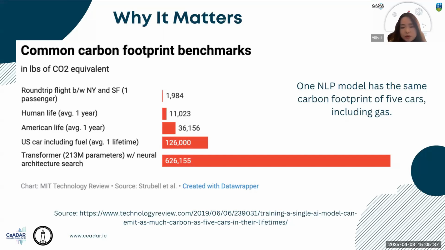The carbon emissions from that training process are more than 626,000 pounds. That is more than 5 cars, including all the fuel they burn over their entire lifetimes. If we don't think about this now, the carbon cost of AI will continue to grow, and fast.